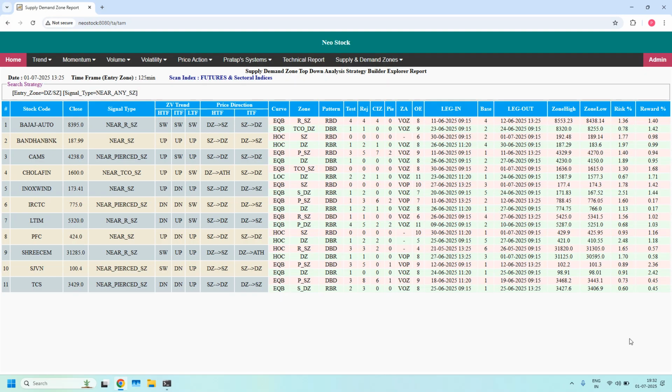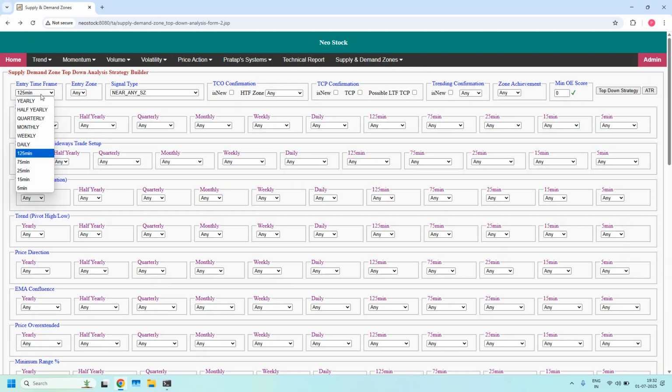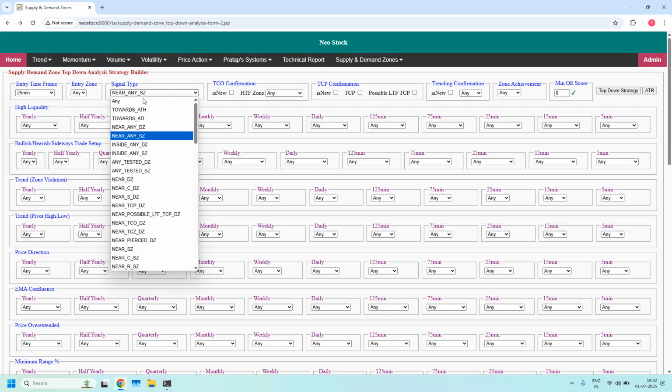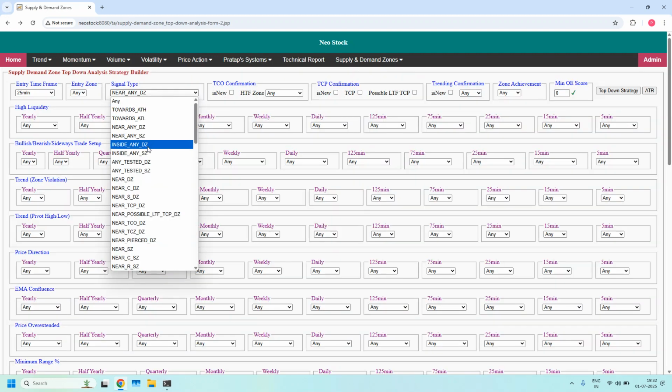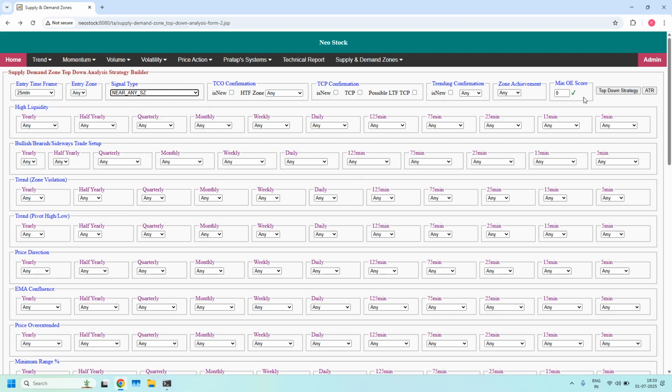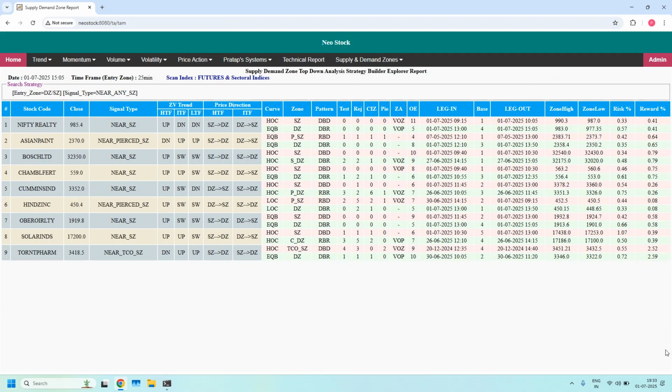Next time frame 75 minutes was already generated in the beginning of the report. So the next time frame is 25 minutes. Stocks near to the 25 minutes demand zone, we got 7 stocks. Next, stocks near to the 25 minutes supply zone, we got 9 stocks.